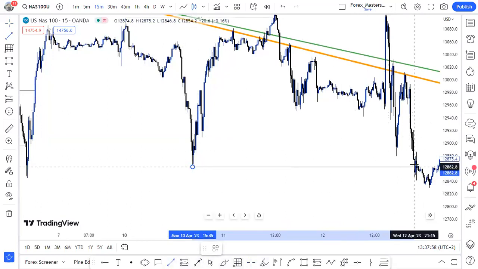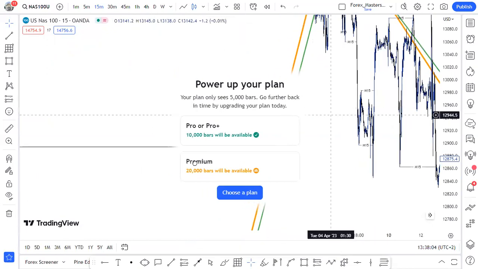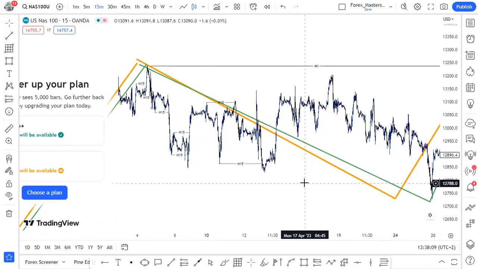Now, you know, when it comes to mapping structure on M15, this is where it becomes a little bit tricky, like I said, because you'll be confronted with a lot of noise going on in the market. So which one you're going to avoid as not being structure is going to be a matter of looking at what it is that the market is truly doing. All right.